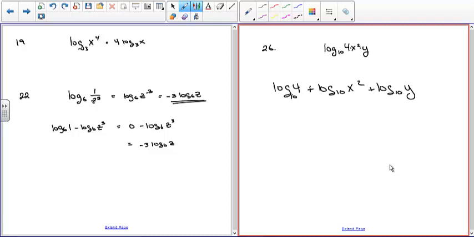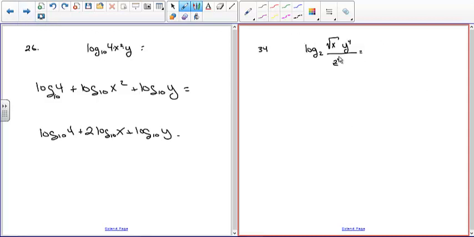Now this first one is just going to be a number between 0 and 1. And this one, though, we can go one more step because I have this exponent, which is applied just to the x. So at that point, I can take out the exponent. And that's it. There's nothing else we can do to further simplify that.